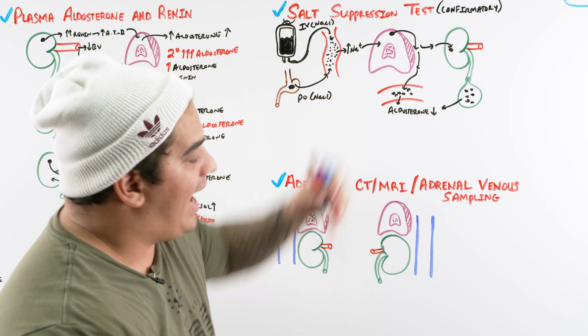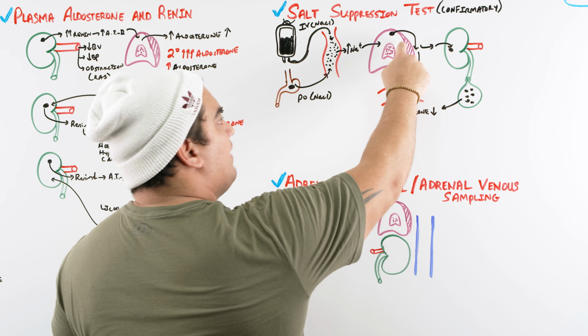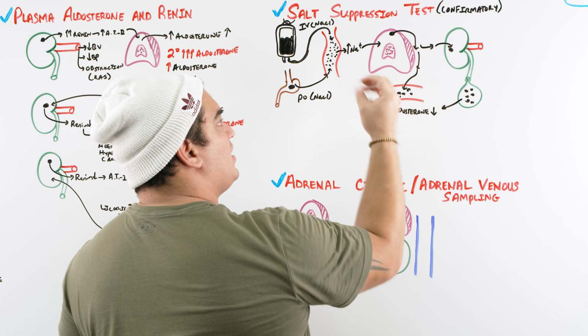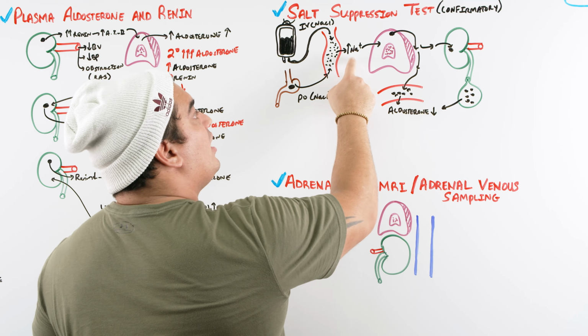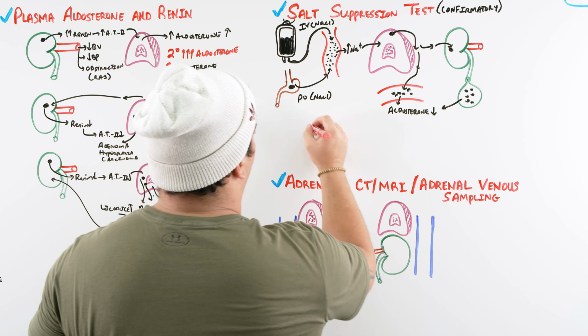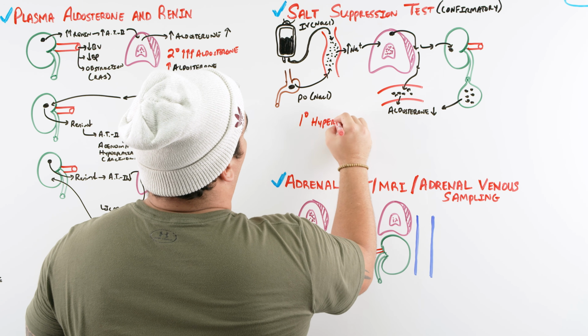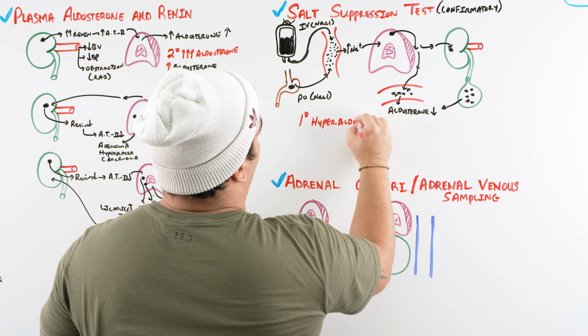In a patient who has some type of adrenal process, something going on with their adrenal cortex that is hyperfunctioning, they won't respond to the high sodium. So in a patient who has true primary hyperaldosteronism, they will not be suppressed by the sodium loading.